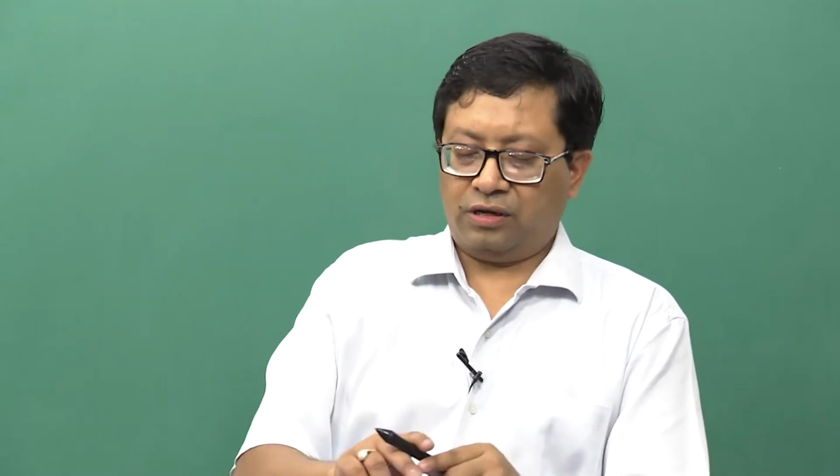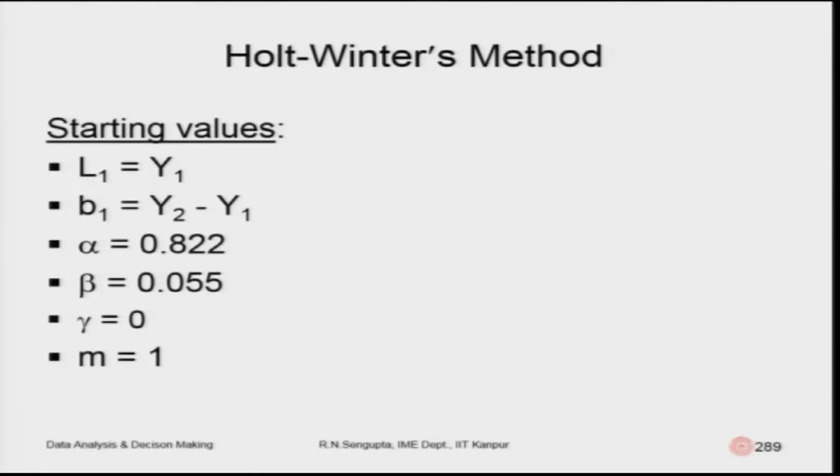For the Holt-Winters method, we consider L1 and Y1 as equal, because that is the starting point. For the trend, we consider y2 and y1, the actual values at time period 1 and time period 2, as equal, such that B1 is 0.